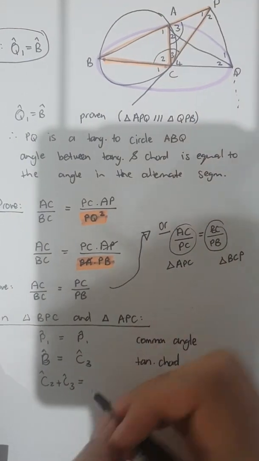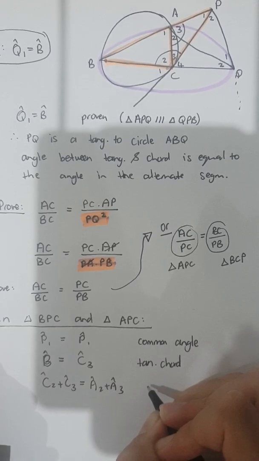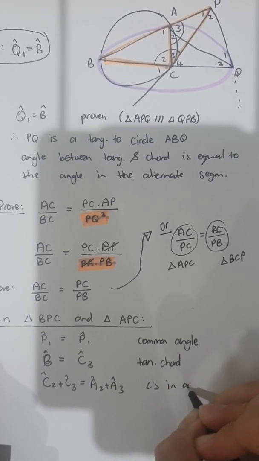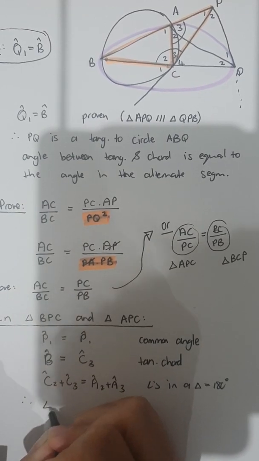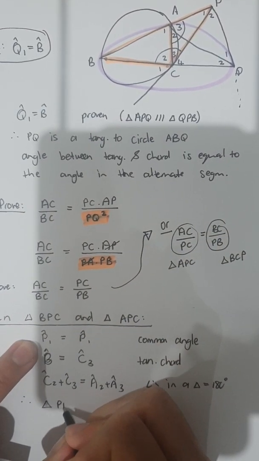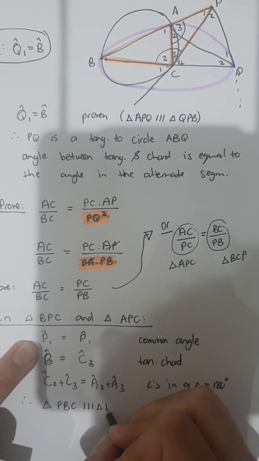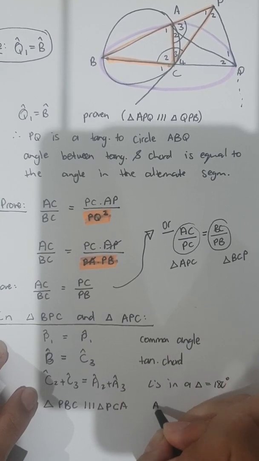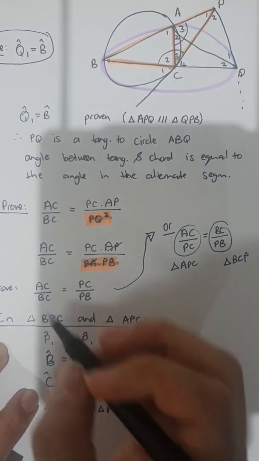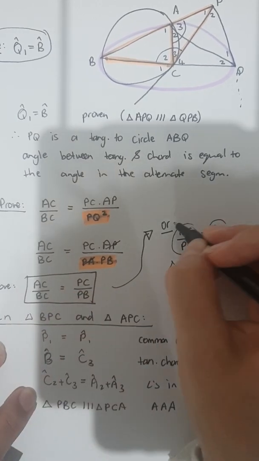That's angles in a triangle for my last reason. Therefore, triangle BPC is similar to, B goes with B, and C goes with A. And now remember, all that I'm looking for is either this or this.